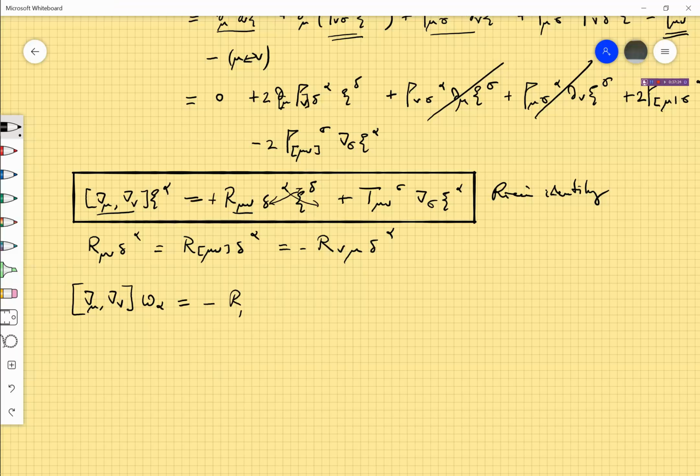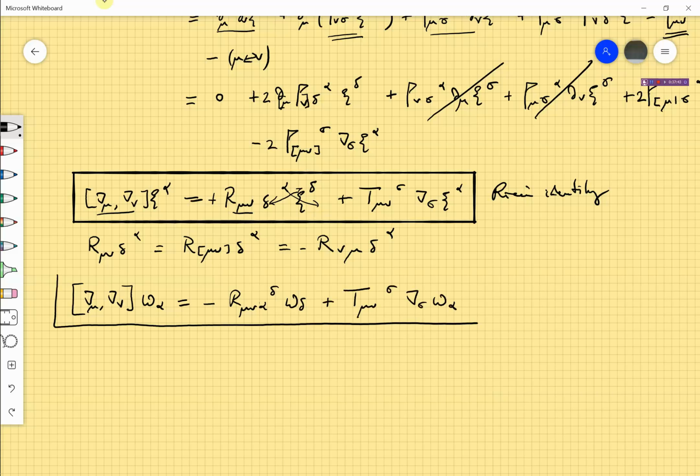So it will be R mu nu delta, the index here is alpha, and omega delta. This is where you are, and then the universal term, T mu nu sigma nabla sigma omega alpha. Okay, so this is another Ricci identity.